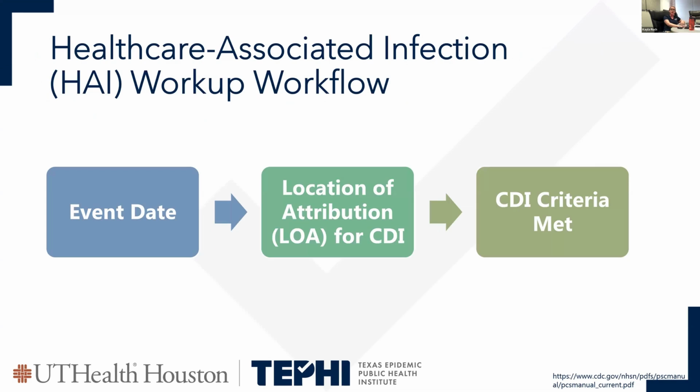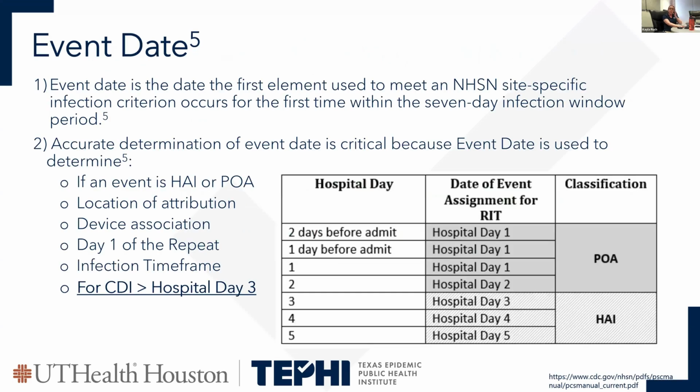So I'm just going to briefly talk about the NHSN C. diff infection so that we know what it is specifically, how they classify it, and what the timelines are. We'll look at the event date, the location, how we determine what location, and then their specific criteria. For the event date, usually for CLABSIs, the central line associated bloodstream infections, or CAUTIs, the catheter associated urinary tract infections, they use hospital day 2.